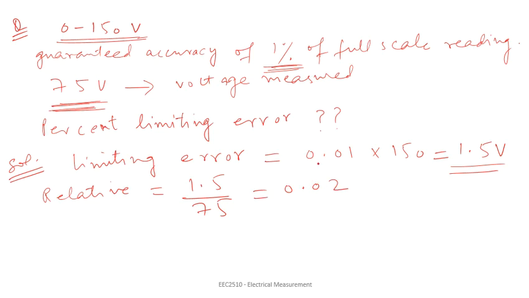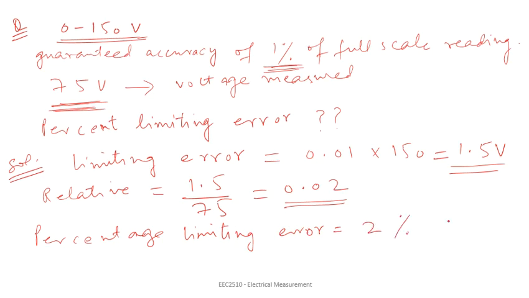Now when you have to calculate the percentage limiting error, you can just multiply it by 100. So the percentage limiting error will be 2%.